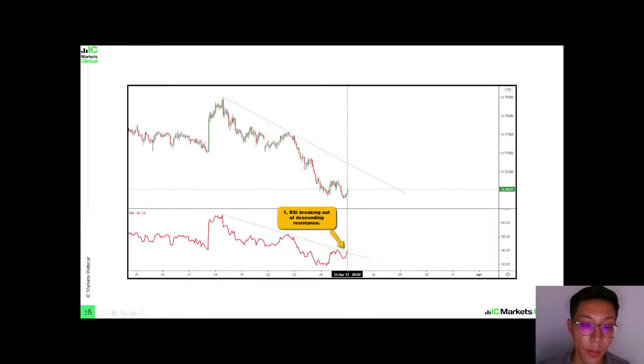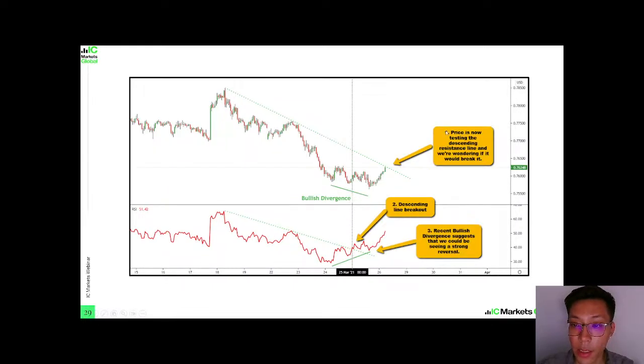Then the next example is a bullish example. RSI is breaking out of a descending trend line. Price on the actual chart is now testing the descending resistance line, and we're wondering if it would actually break out of this descending trend line. Then we have bullish divergence, and RSI forecasting earlier.